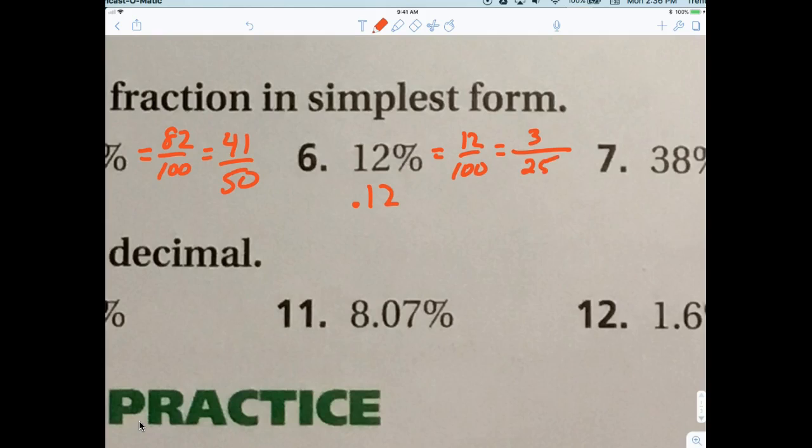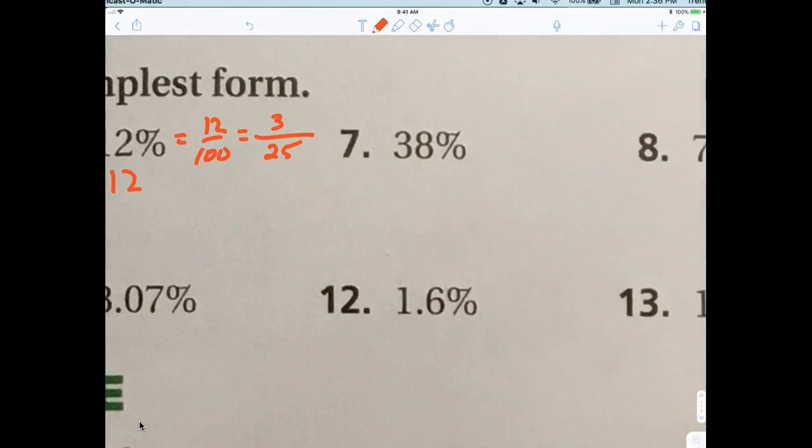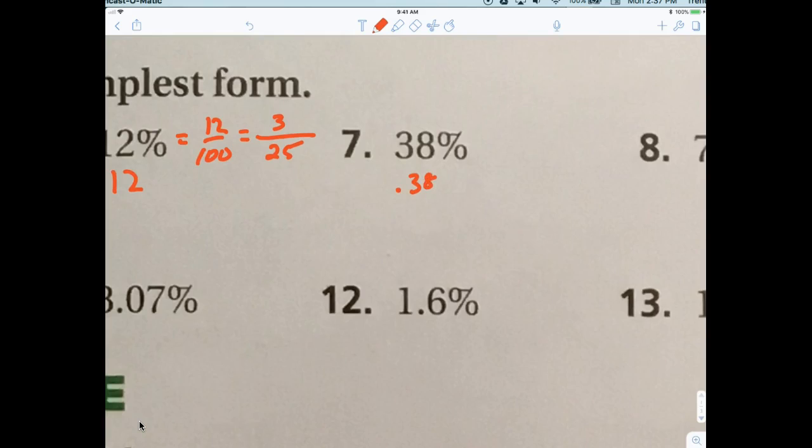Thomas, you doing okay today? Yeah. Okay. So, Thomas, I want you to help me out with 38%. What decimal is 38%? Thank you, sir. What fraction? Thank you. And then mental math that for me.